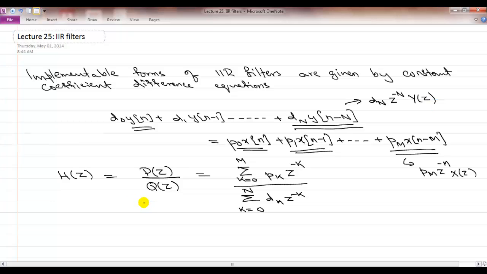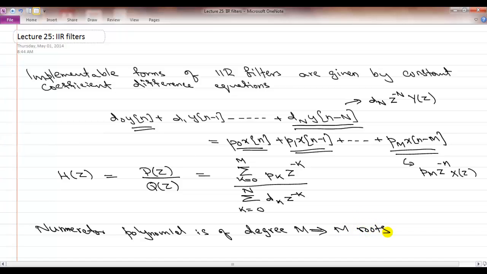If you have a system transfer function which is given by a rational function of two polynomials in Z like this, then we know that the numerator polynomial is of degree M, so it should have M roots.